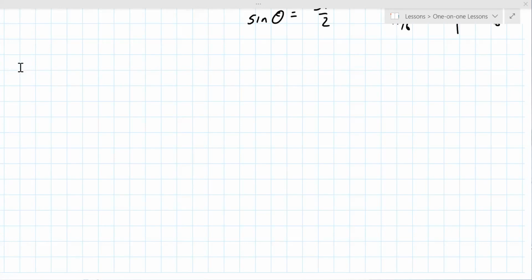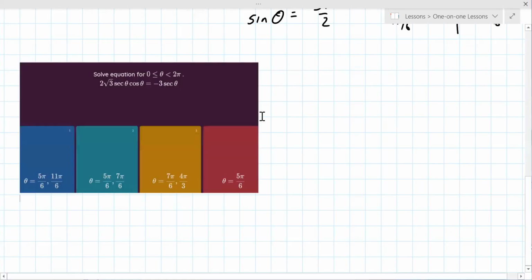All right, snipping that in, and this one's a secant, or secant cosecant. Oh boy. Okay, so there's more to this one. You got to get everything on one side generally. So we're going to say 2 square root 3 secant theta cosine theta plus 3 secant theta equals 0. And then you're going to factor out a secant theta.